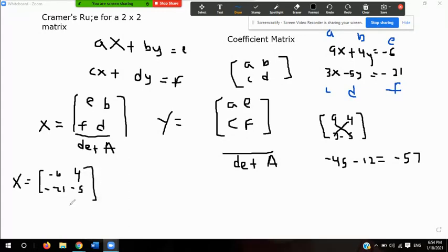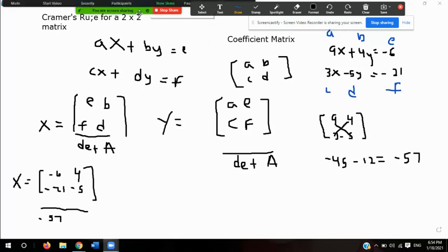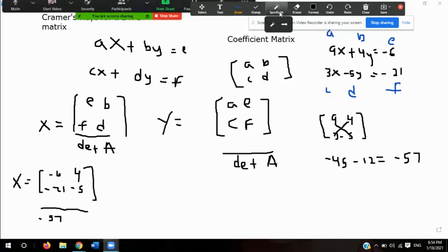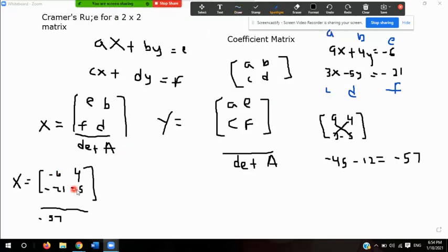So we're going to find the determinant of this matrix of negative 6, 4, negative 21, and negative 5, and then divide that over negative 57.